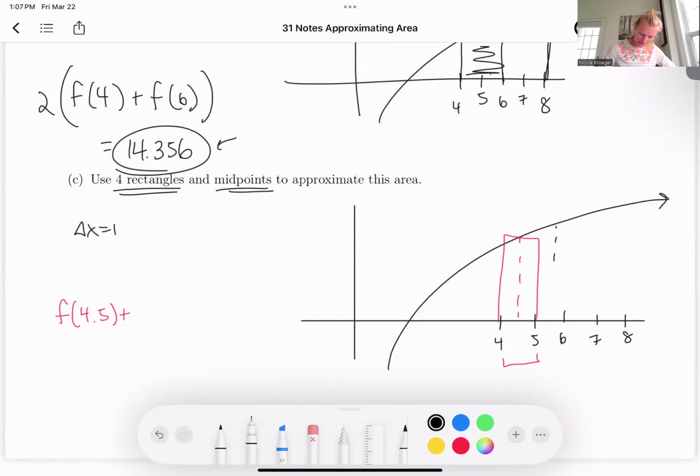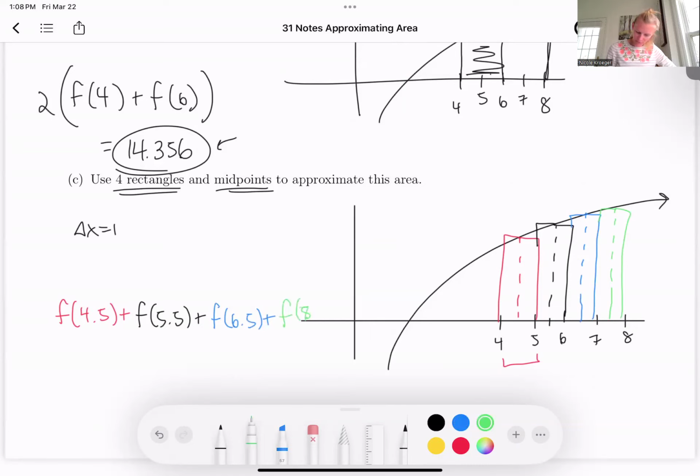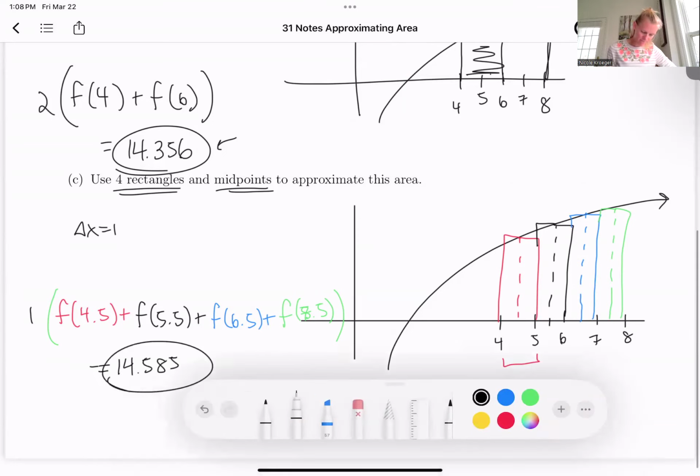The height of the second rectangle will be f of 5.5. And then we're going to get f of 6.5 from this one, and f of 7.5 from that last one. We multiply all of that by the width of the rectangles, which is 1. When we do that, we get 14.585.